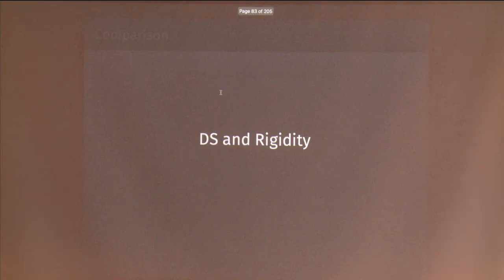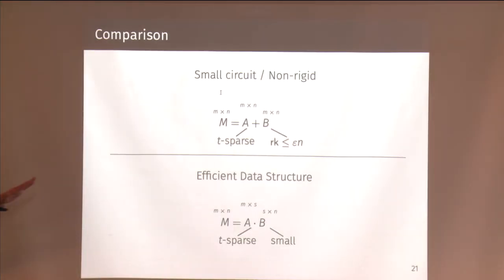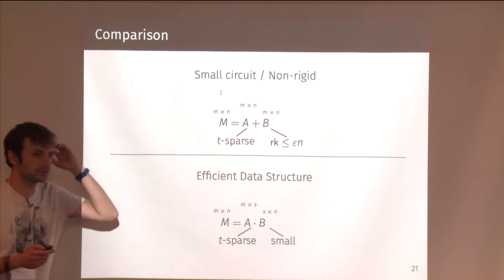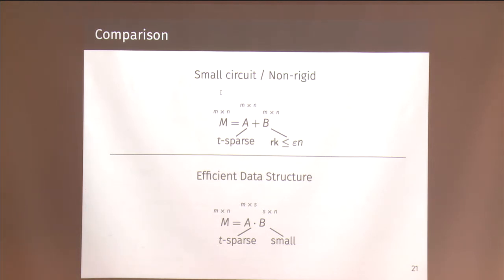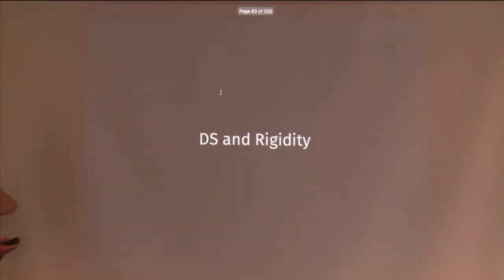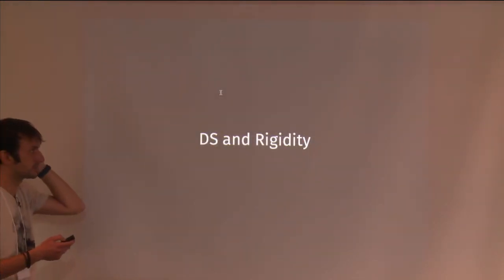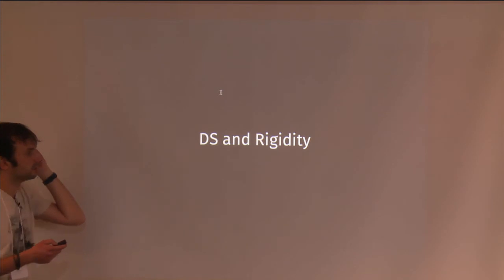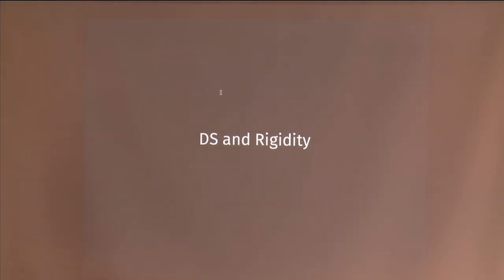Okay? So let me show you one connection between these two representations, just how in general we can go from, say, data structure lower bound to matrix rigidity lower bound, and then I'll mention what else you can get using the same ideas.